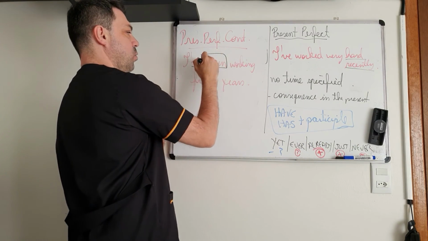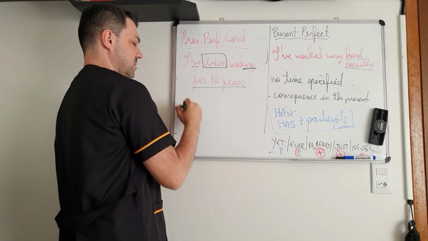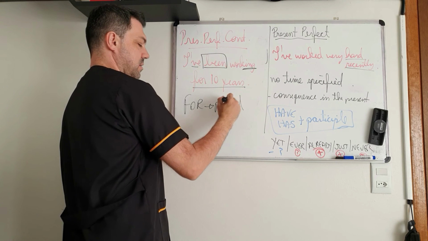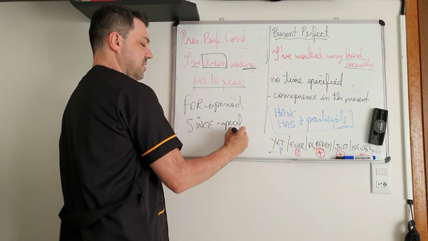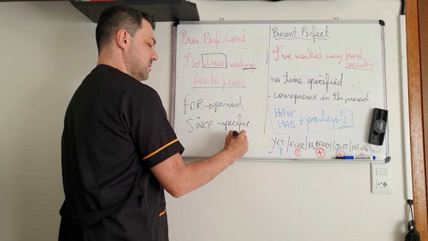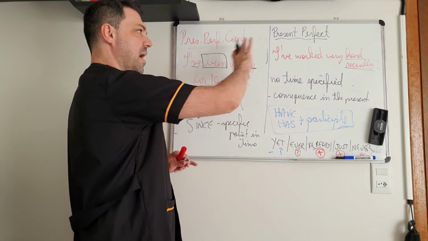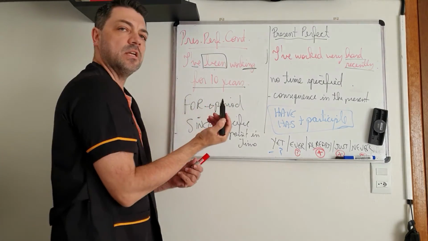I've been, you always have been, ing, for 10 years. Remember, you can use for when you talk about period, and you use since when you talk about specific point in time.